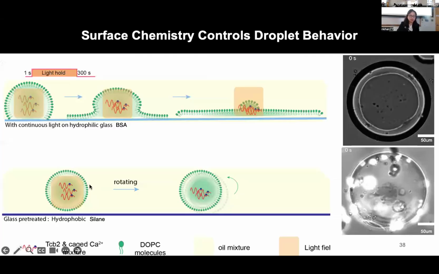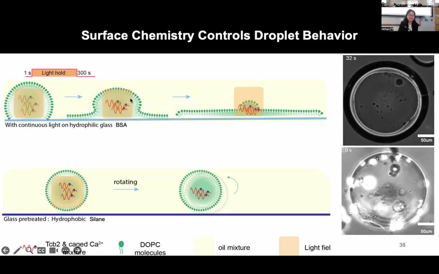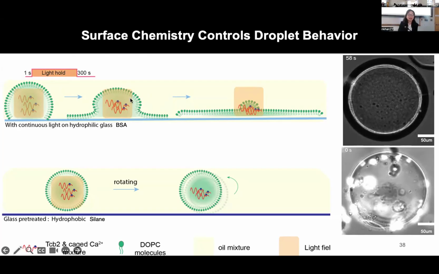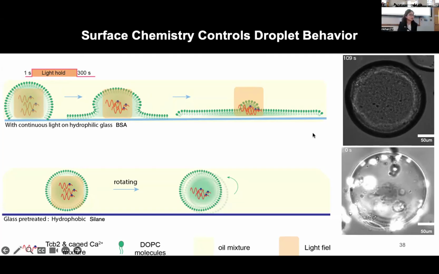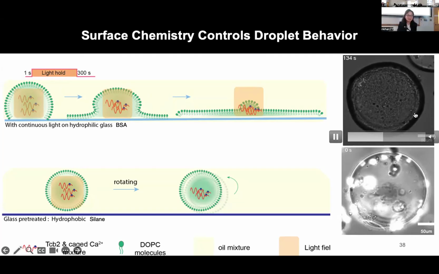When you are using the BSA to coat the slides, they are not fully forming a sphere, they are attached to the slides. And once we activate using the light, because the light gives energy to the system, they slowly spread out and evaporate to a small circle here.